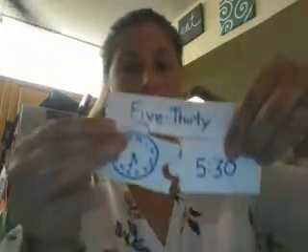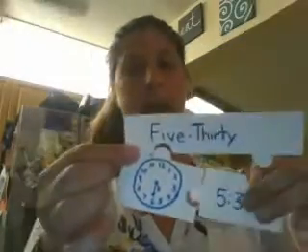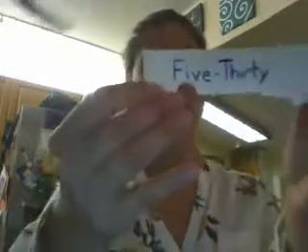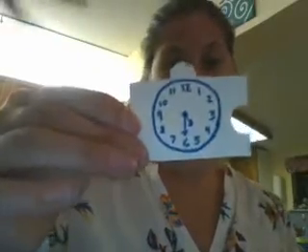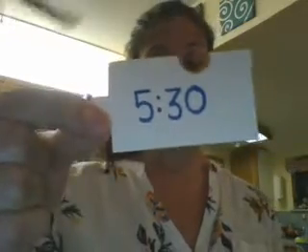It's going to look like this. We're going to have it in written form, which is 5:30. We're going to have it on an analog clock, as well as on a digital clock.